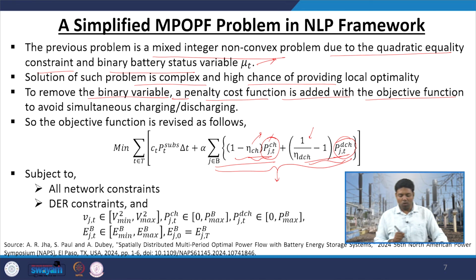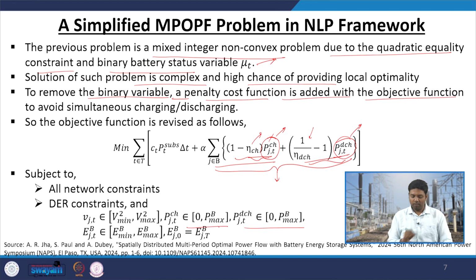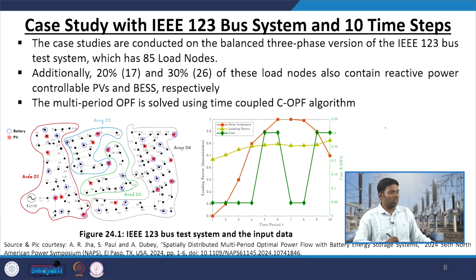If so, then we can say that either the charging operation will take place or the discharging operation will take place. So, that is how you can remove that mu term from your power equation, and the other equations will remain the same. So, we will solve this problem and see what the results are.